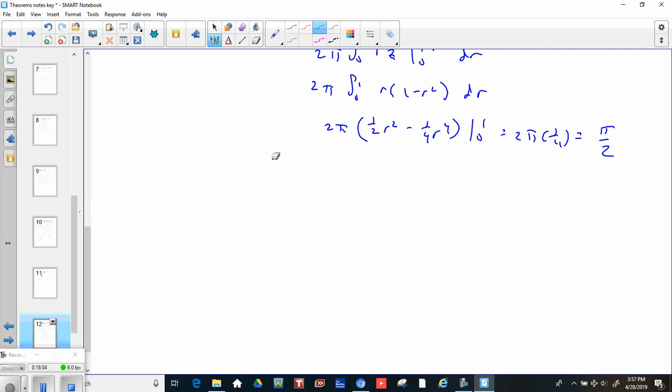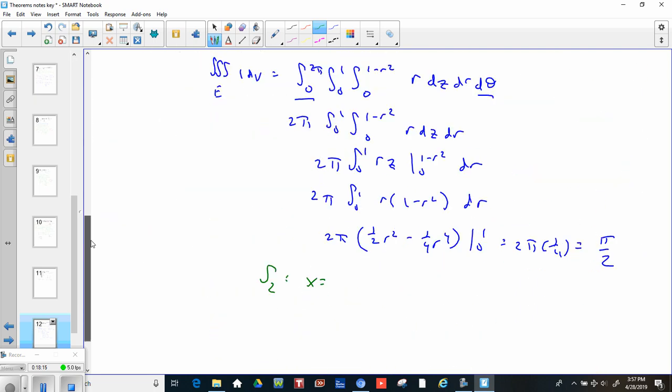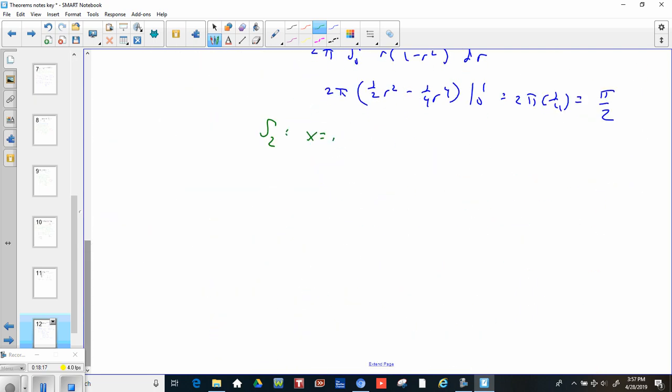So the surface integral for S2, we will need to parameterize this. So it's going to be x equals, again it's a disk, so we're going to do it in polar. So x is going to be r cosine theta to make sure we're traversing this thing counterclockwise. y is r sine theta. And since z is just sitting there on the xy plane, z is 0.